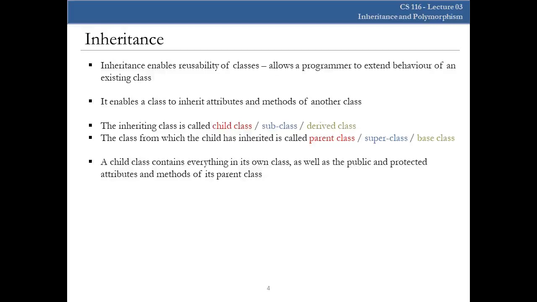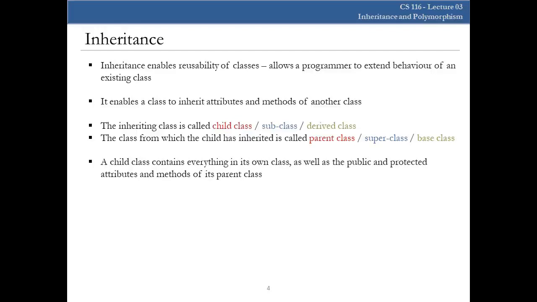So let me redefine these three access specifiers for you now. If a method or an attribute is public, then it is accessible from the main class. It is also accessible from the child class or classes, and it is also accessible from the main program, right? If an attribute or a method is private, then it is accessible only from within the class.